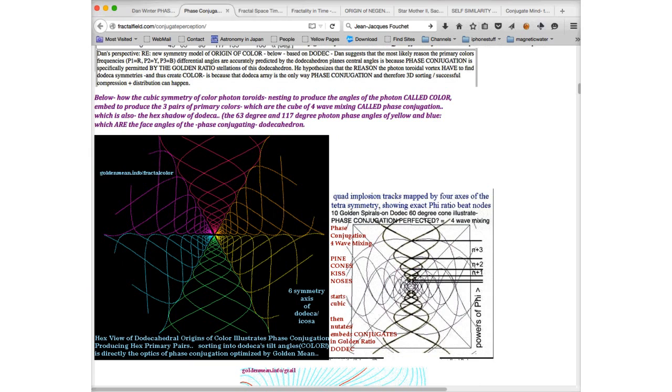The physics I believe, is that as the photons approach the center, the white light entering the prism, the reason it emerges sorted into the rainbow, hence the reason color exists, is because the light is forced to phase conjugate at the center of a dodecahedron, and only the waves that fit that phase discipline emerge, called the Platonic and dodeca angles of the photon donut, which is how color is defined.